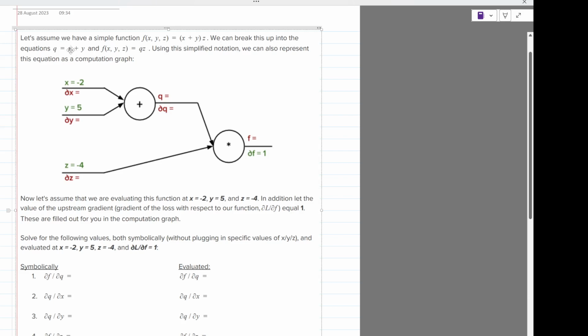We can break this up into the equation q equal to x plus y and f(x, y, z) equal to q times z. Using this simplified notation, we can also represent this equation as a computation graph. This is a kind of graphical directed acyclic graph. Now let's assume that we are evaluating this function at x equal to minus 2, y equal to 5, and z equal to minus 4.